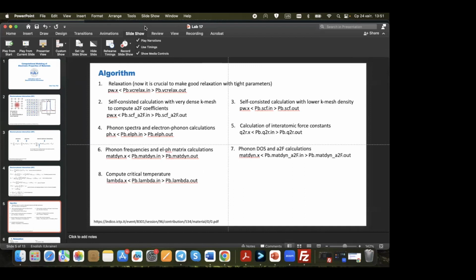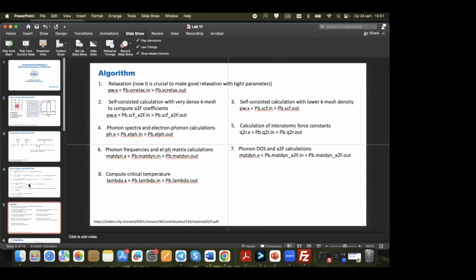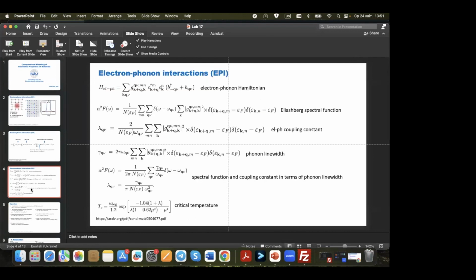I have another theoretical question about this spectral function. Can we say this spectral function represents the spectrum of electrons, of phonons, or of bosons?